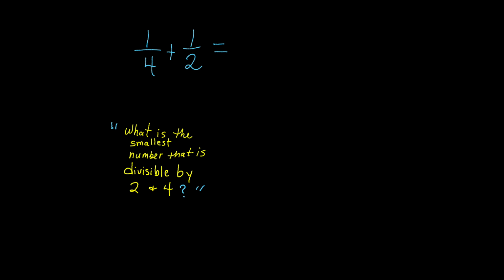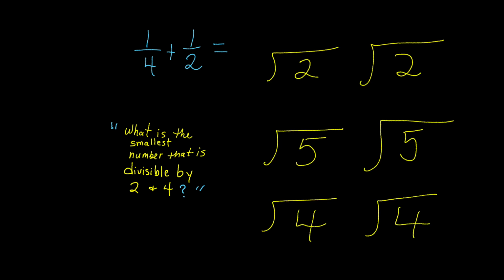I want to show you that. I have picked some random numbers. For example, I picked number 2, number 5, and number 4. Is the number 2 divisible by 4 and 2? Is the number 2 divisible by these numbers? So let's try it out.